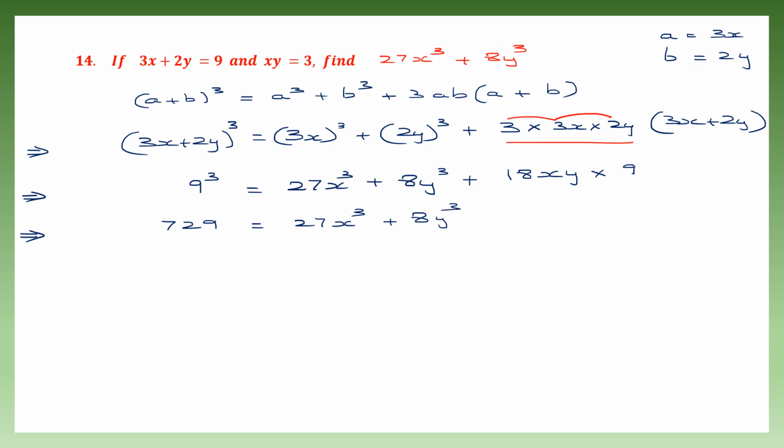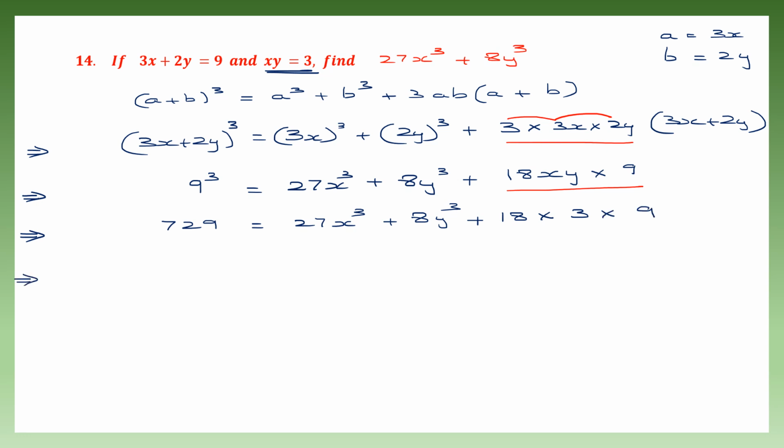So you can see that we've already got what is asked in the question in our statement here. Okay, so the expression contains that, so we will continue and work this out. Plus, now here we have a multiplication, 18xy into 9. And we have already been given the value of xy, which is 3. So this can be 18 into xy, which is 3 into 9.